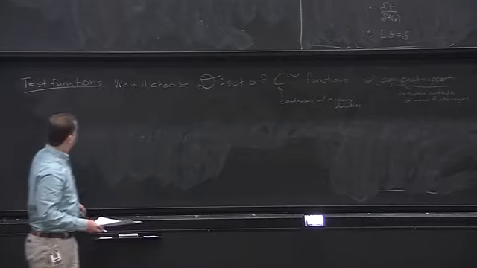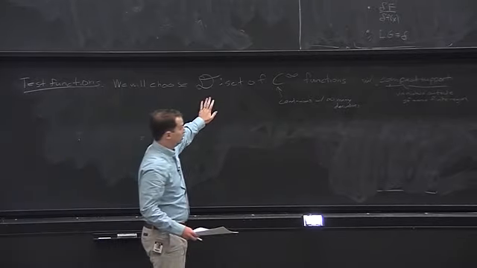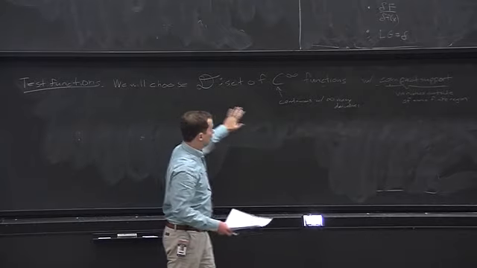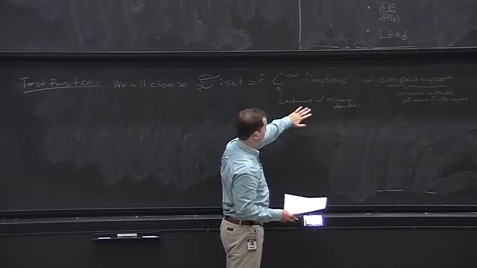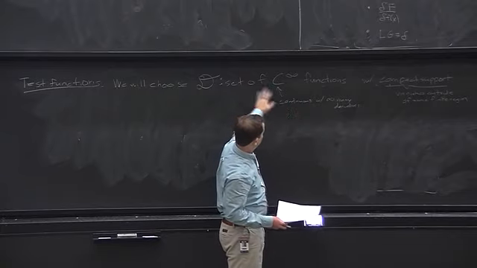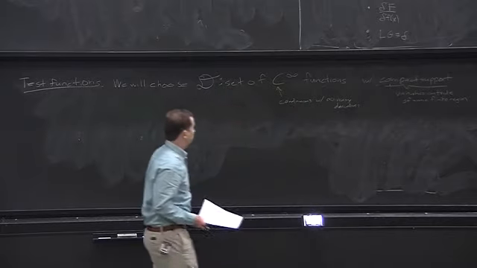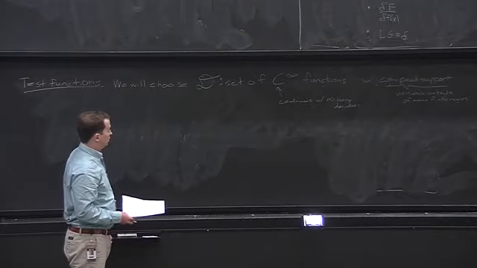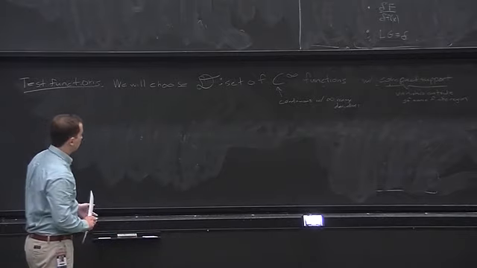Okay, and so I'm making this choice for two reasons. One is this choice will simplify many of our derivations. These functions have lots of nice properties, but we could choose slightly less restrictive assumptions on our test functions, and most of the results will still work.